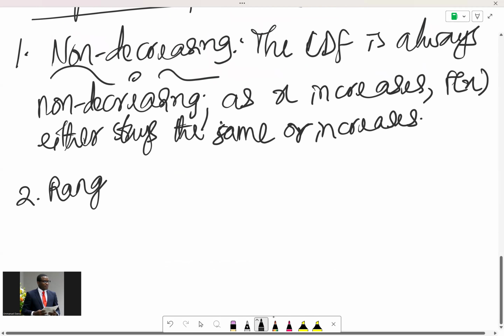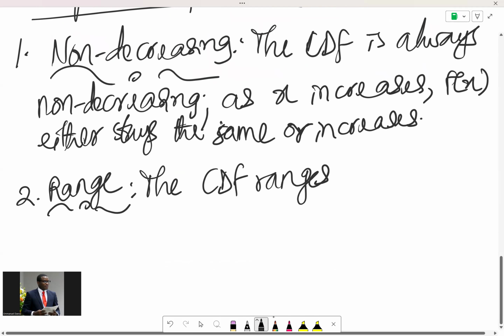Then we can talk about the range. What's the range of values for the cumulative distribution function? The cumulative distribution function ranges from 0 to 1, just like what we know of probability. Since we are talking about probability, it ranges from 0 to 1.